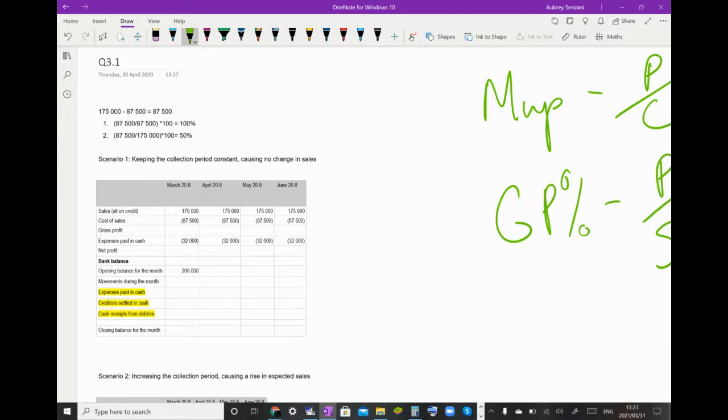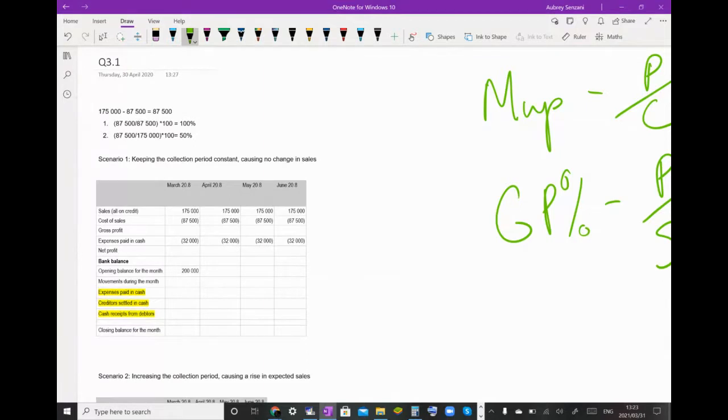The financial manager has provided the following two incomplete budgets to help her with a very important decision: whether or not the debtors collection period should be extended to 60 days in order to boost sales revenue, or whether to keep the collection period constant at 30 days. So that's the situation right there.